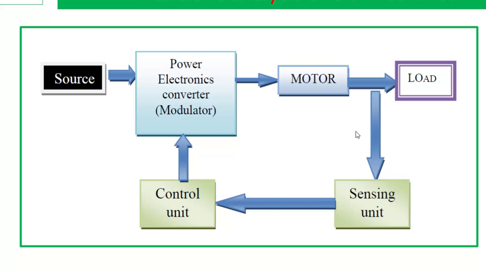Now the sensing unit will sense current, torque, or speed from this motor-load system. Then the sensed value will be processed through a control unit based on the reference parameter or desired output, and this control unit will generate switching pulses for the power electronic converter.